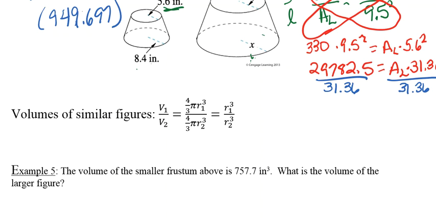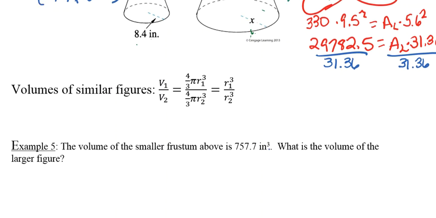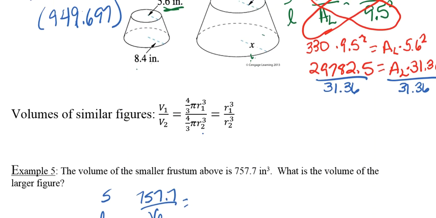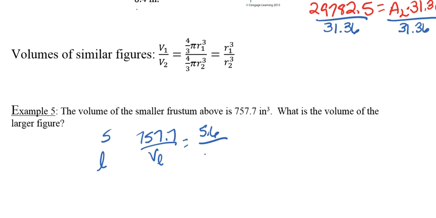So the only difference is we're going to be cubing them instead of squaring them. So I'm going to do small to large again. 757.7 over the volume of the large one. And then the smaller one was 5.6, and the larger one had a radius of 9.5.